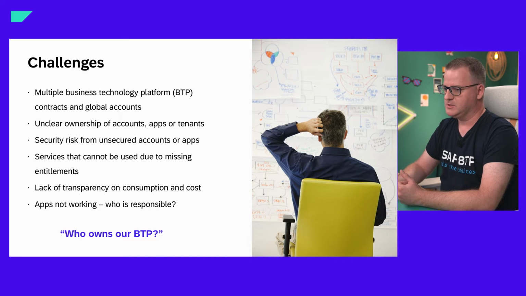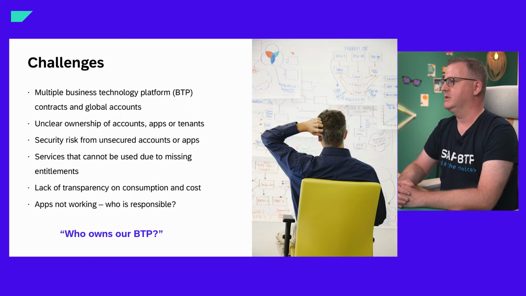In some cases, there is a lack of transparency on cost and who consumes what resources. And also, if a certain application is not working, you need to know who is responsible, who has to fix the application. So this results basically in a simple question in many cases: who owns actually our BTP and our BTP accounts? So let's see how we can bring some order in this jungle of BTP accounts and applications.